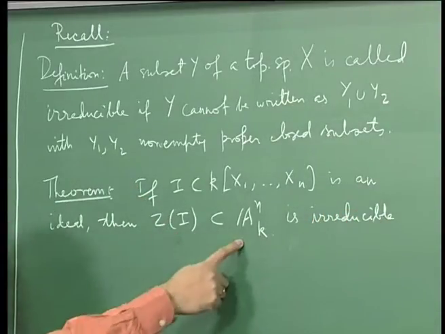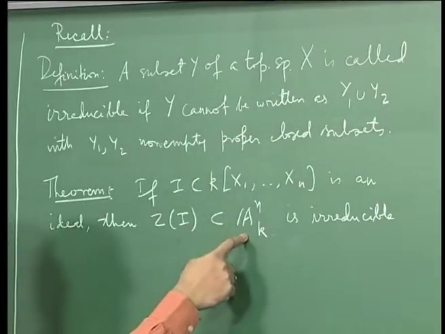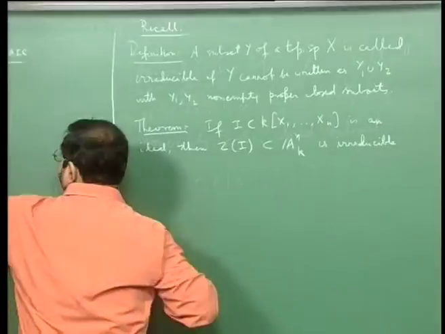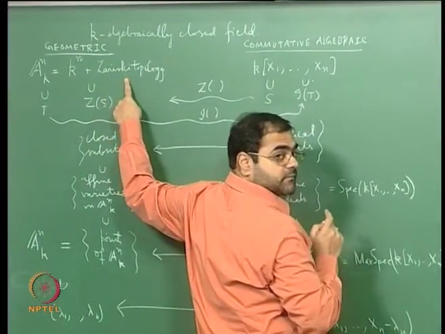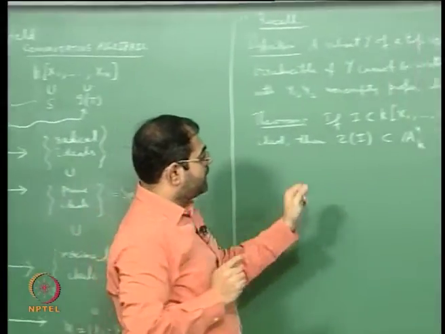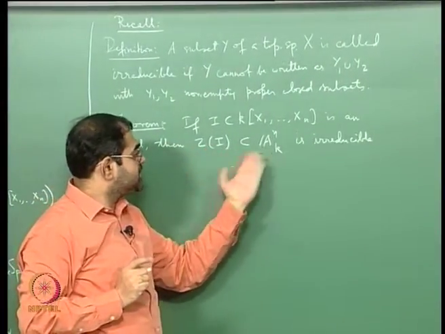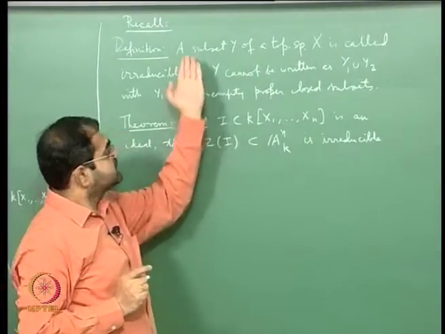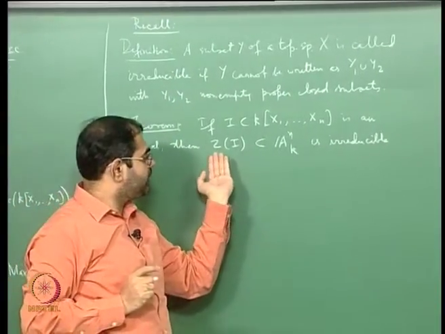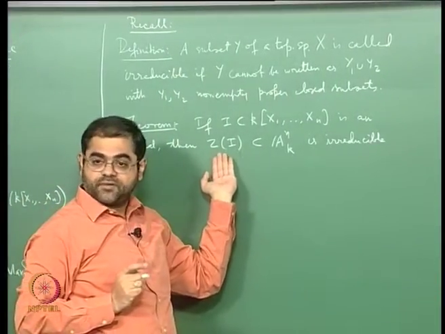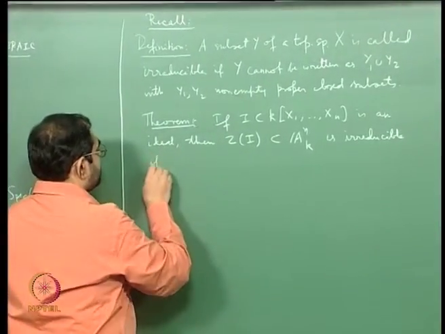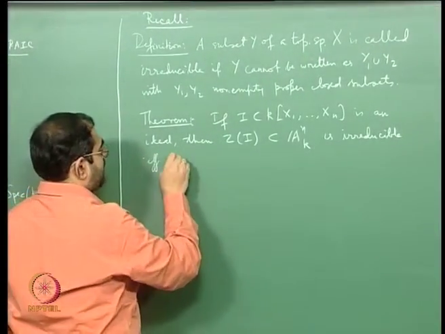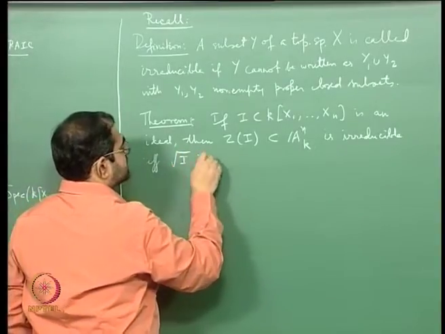This is a subset of this topological space. You see, this topological space is just K^n given the Zariski topology. So since it's a subset of a topological space, this definition applies, and you can put the condition that this subset is irreducible, and the theorem says that this is irreducible if and only if the radical of I is a prime ideal.